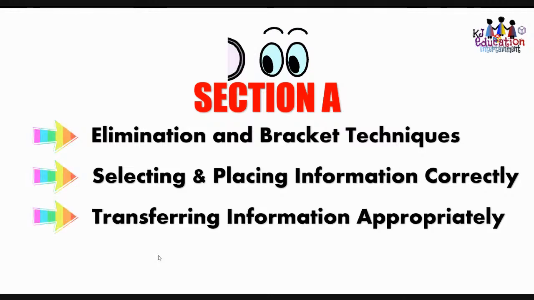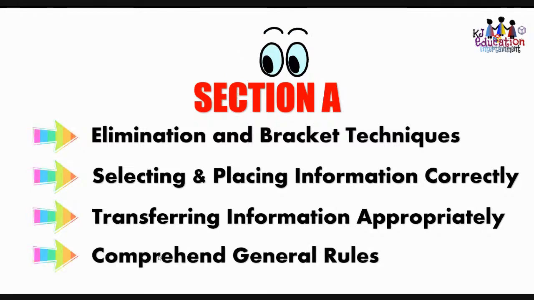The next one would be transferring your information appropriately. When you transfer, what are the rules in it? We'll be looking into that. And lastly, as I've mentioned, you need to comprehend the general rules. We will look into the rules first because this is the most important thing before you move on to the other parts.